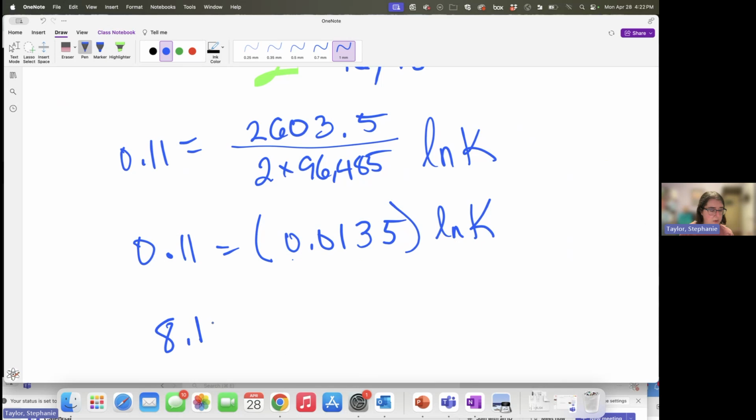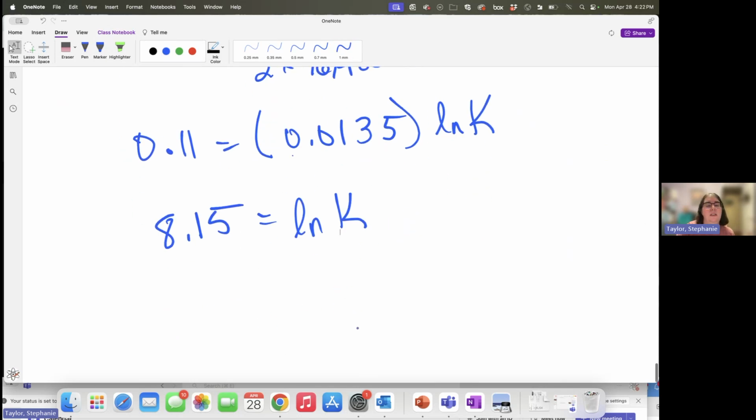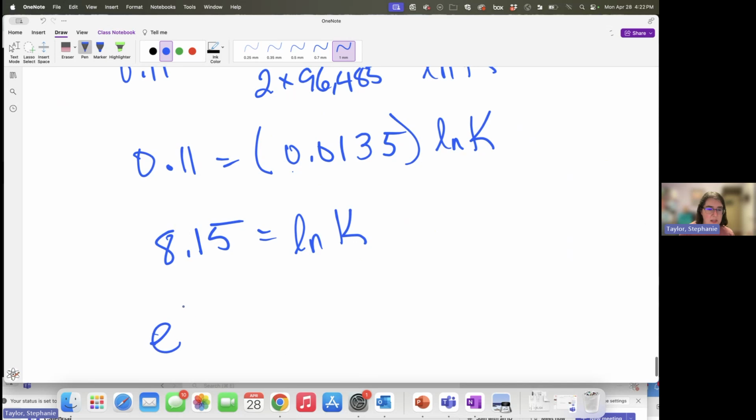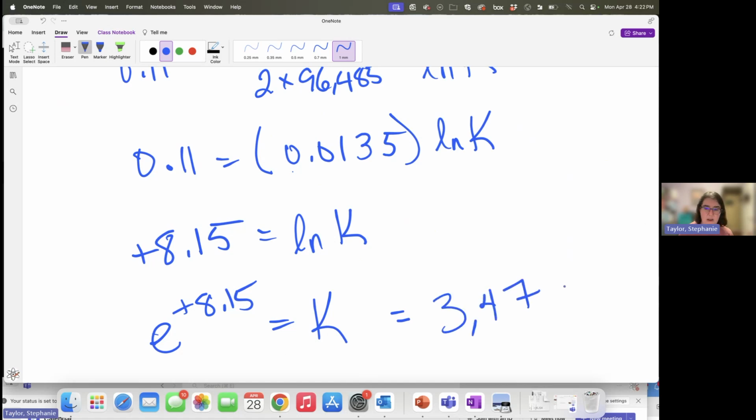Then I get 8.15 is equal to the natural log of K. Then to get out of my natural log, I'm going to use e to whatever this was. So this is positive 8.15, which is equal to K. And K is 3,474.